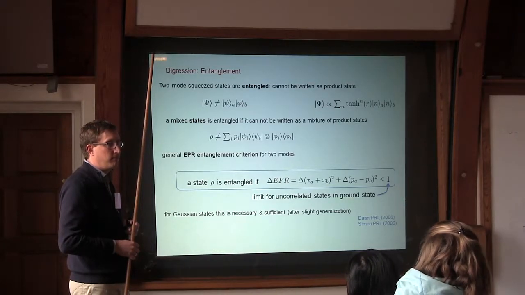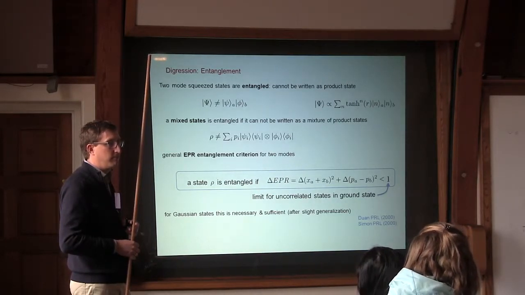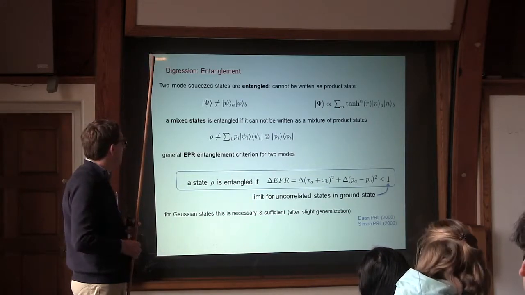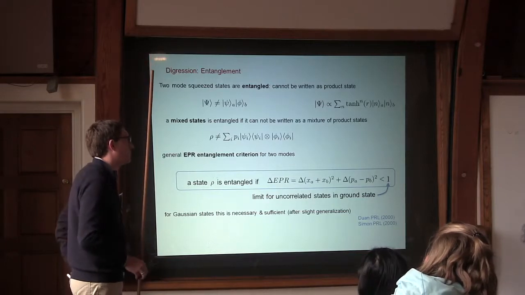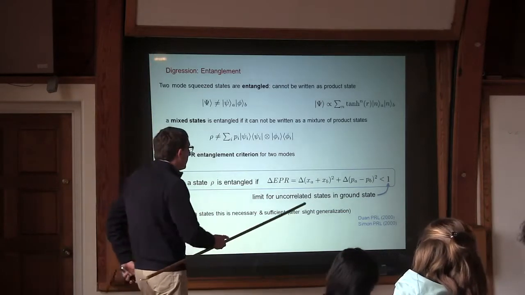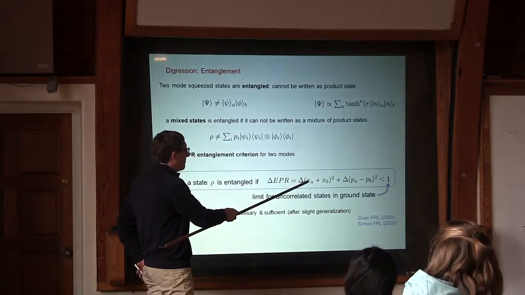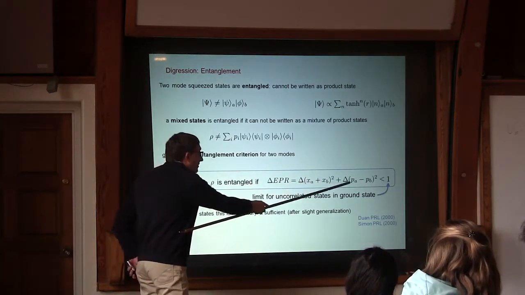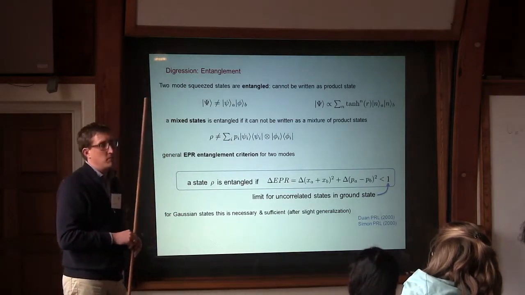Like, can you relate squeezing and entanglement for these bosonic states in terms of entropy? Yeah, I'm not sure, probably. Of course the entropy enters here because implicitly in this you have the mean number of excitations, and this can be related to entropy. Not sure.